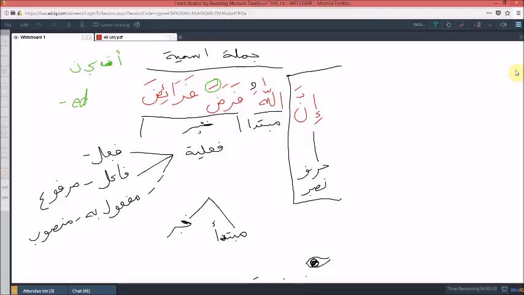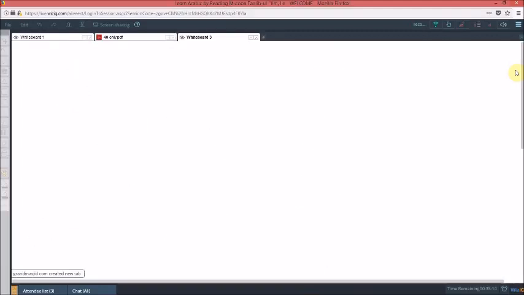Fara'ida is not marfu'. So where's the fa'il in farada? It's mustatir. As we said yesterday, it's hidden, right? Farada, he obligated.